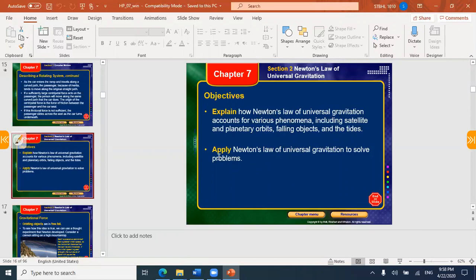Second objective: students have to know how to apply Newton's law of universal gravitation to solve problems. I will add one more objective, to know the effect of period and frequency: to know how long the satellite takes, the time, and to know the frequency, the number of revolutions, like this.